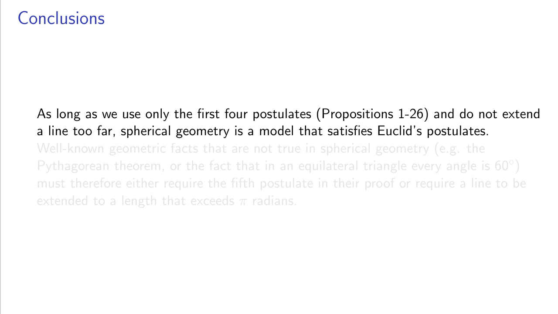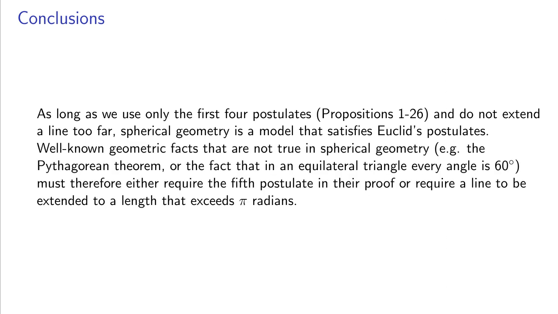If there are well-known facts of Euclidean plane geometry that aren't true in spherical geometry, for example, the Pythagorean theorem, or the statement that in an equilateral triangle, each angle is a 60-degree angle. Or more generally, the fact that in any triangle the angles sum to 180 degrees.